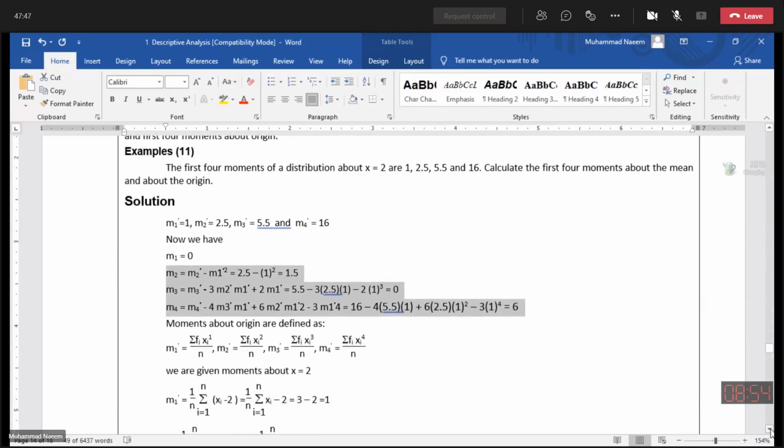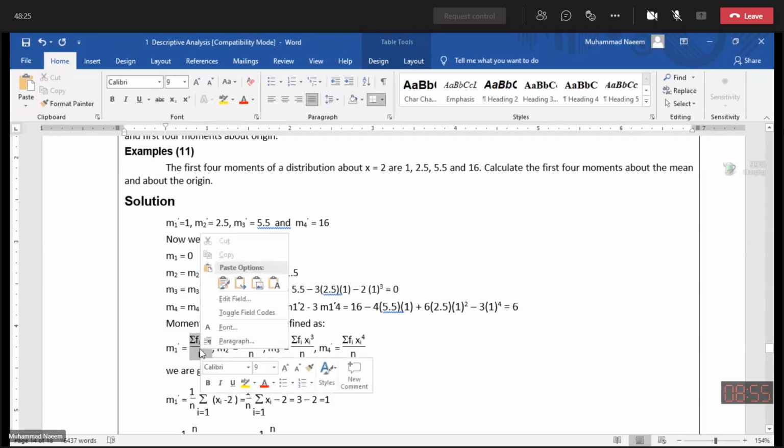In this way, we will get first four moments about mean using the relation. And to find the moments about origin, we have to expand the powers of the deviations from 2, apply sigma and divide by n.